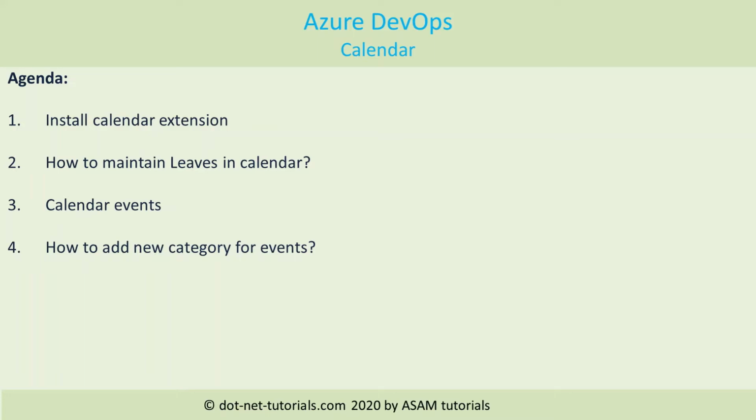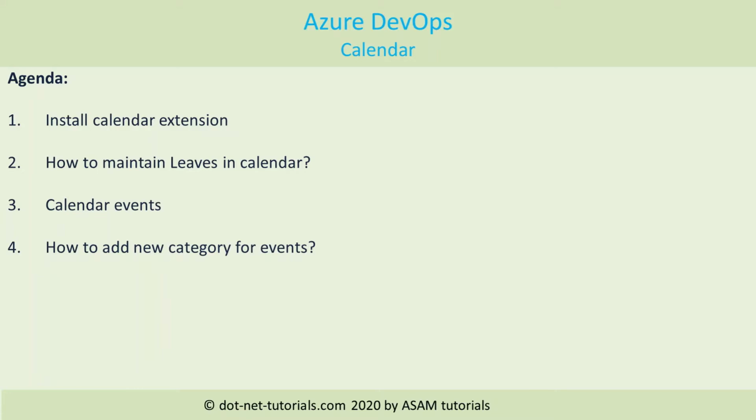Hi all, in this video we will see Azure DevOps Calendar and below are the agenda. The first agenda is how to install calendar extension. The second agenda is how to maintain leave in the calendar, or I will show you how to add leave in the calendar for the resources.